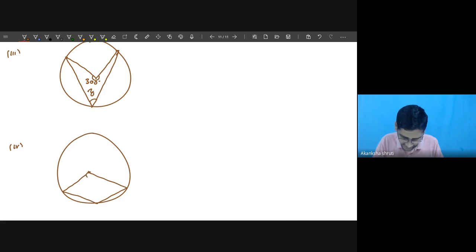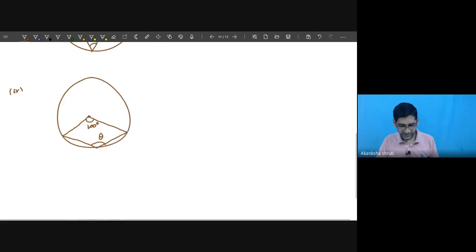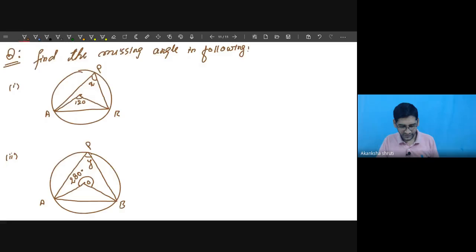Here, this angle is given as, consider 100 degree, and what is this angle? Consider it theta. Okay, these are the questions that we have to do.